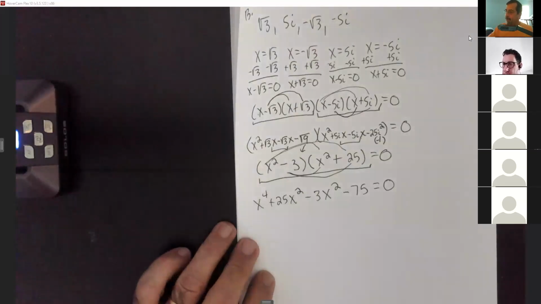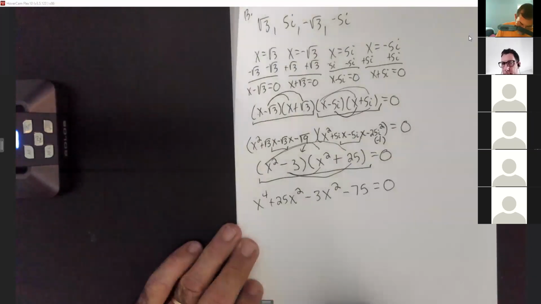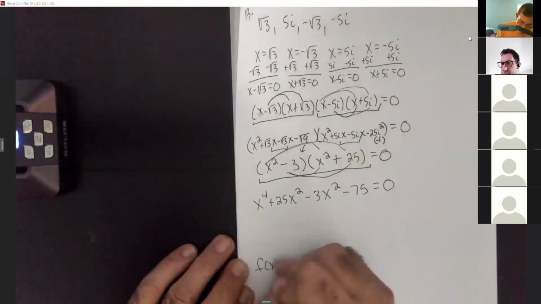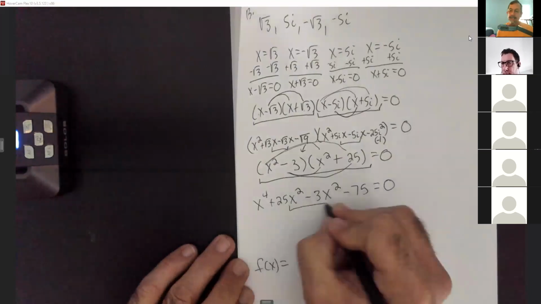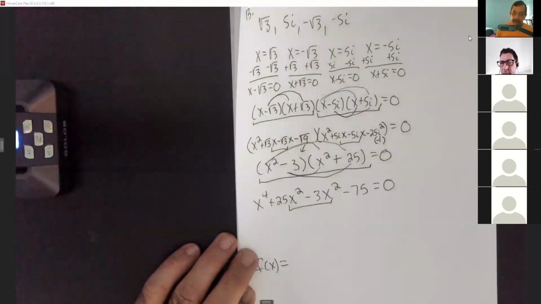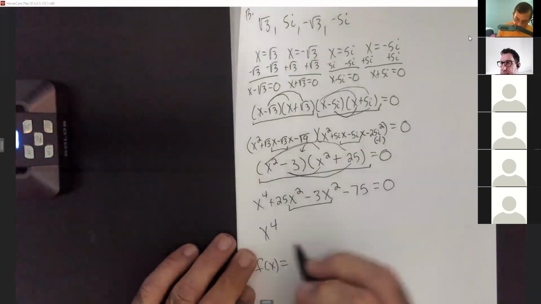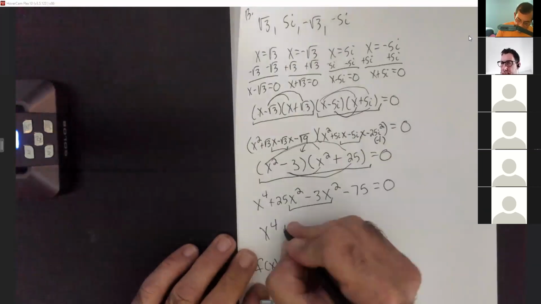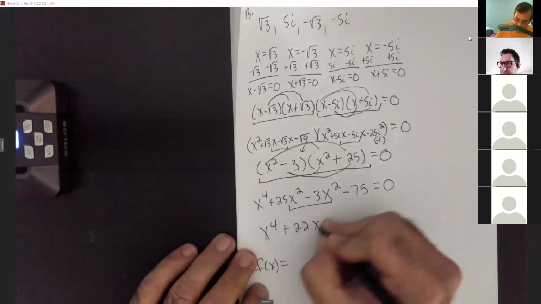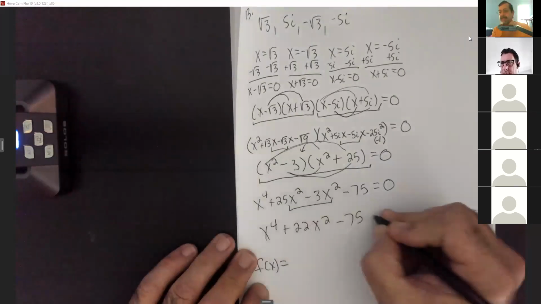And that one, we just got to write out what we're done. But we got one more step, I guess, right? Because x squared's an x squared. So bring down your x to the 4th. 25 minus 3 leaves you 22x squared minus 75 equal to 0.